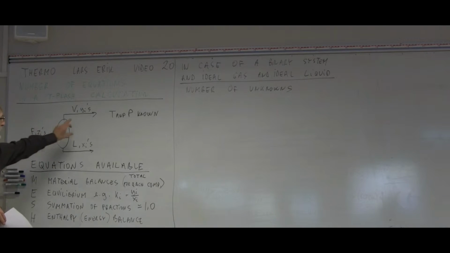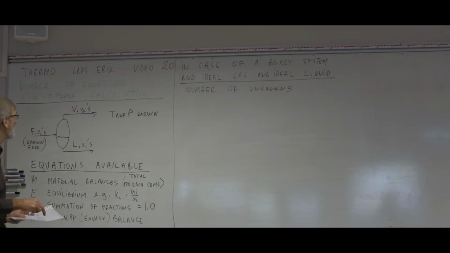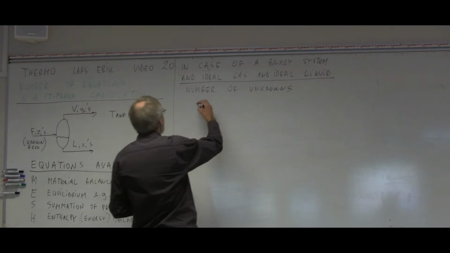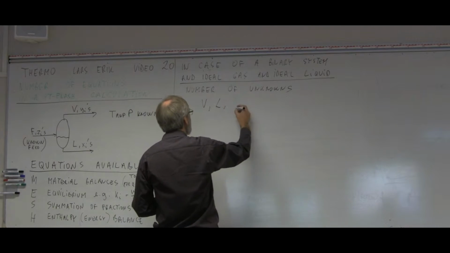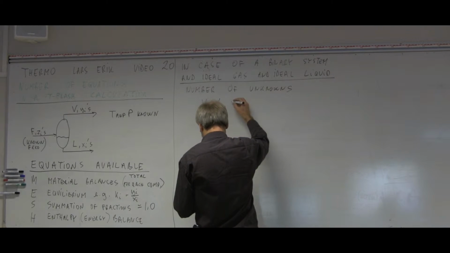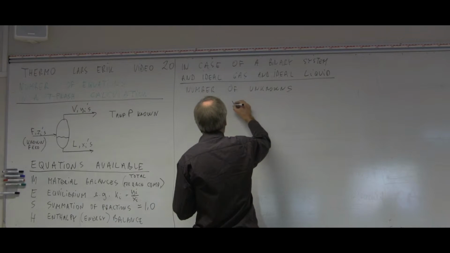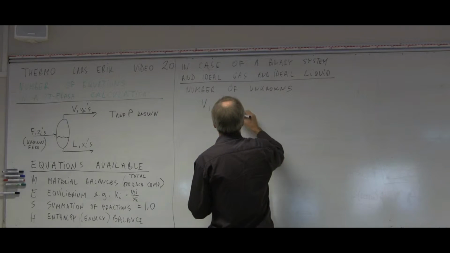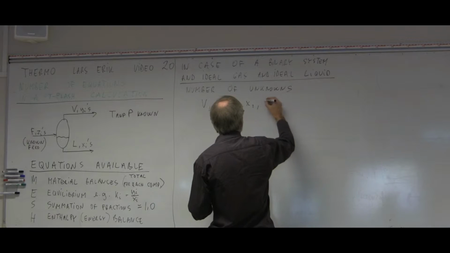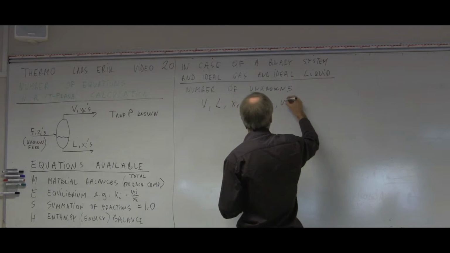In this system, we have the vapor, the liquid, the x1, x2, y1, and y2.